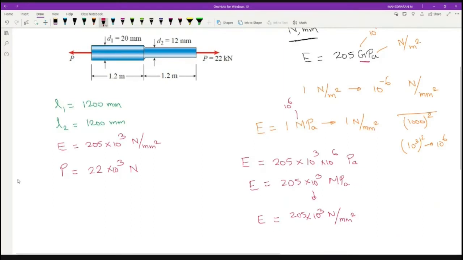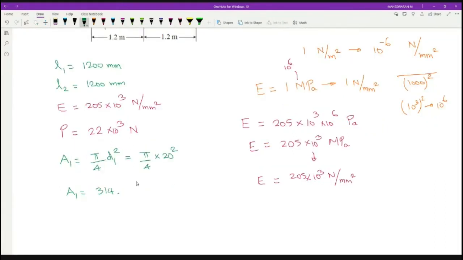Let me identify A1. A1 is pi by 4 D1 square, which is equal to pi by 4 into 20 square, which is 314.159 mm square. Similarly, let us identify your area 2.